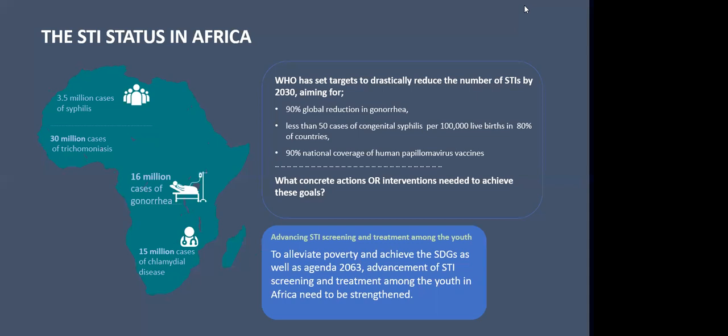Then we also do peer-to-peer, because we have peer educators who make sure they are mentoring their cohorts and distributing condoms as a key mandatory activity for the program. So at no single time do these youths actually lack a condom. And even if they lack a condom, they know from where to pick, which points are there that they can access.